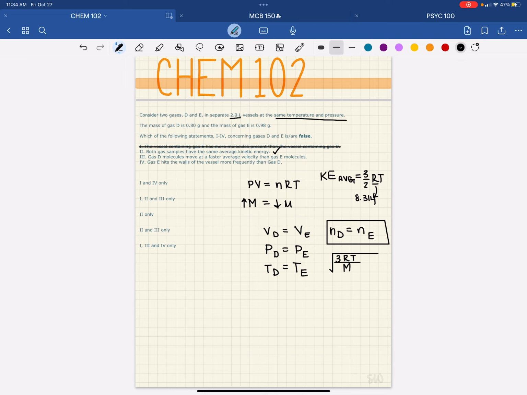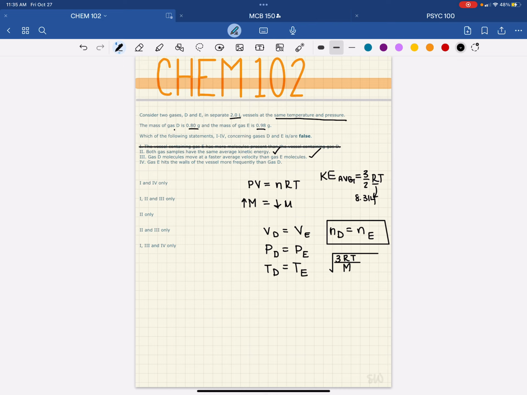Because E is heavier, and the bigger you are, the slower you move, gas D must have a higher average velocity than gas E. So this one is true.